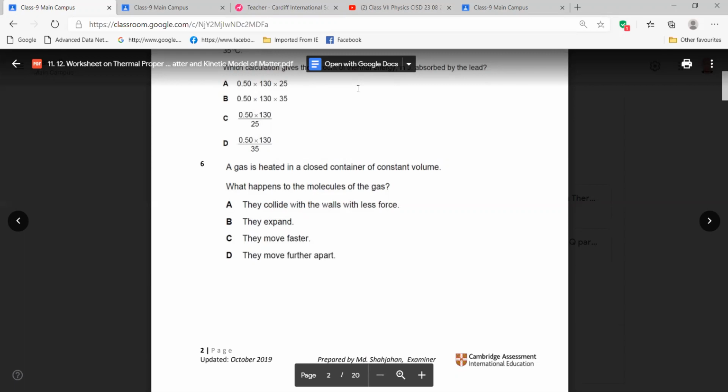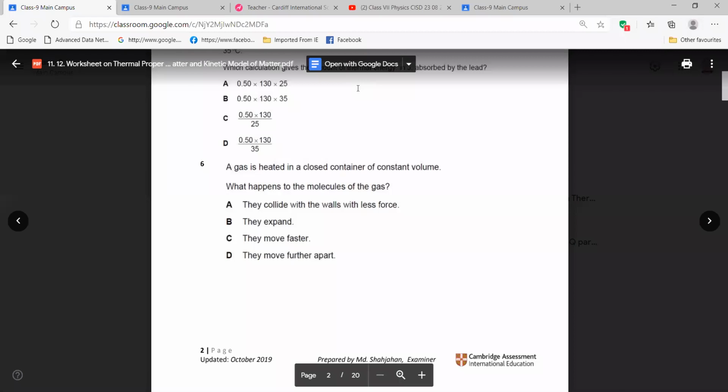Sir, they move further apart? It is a closed container, right? If it is a closed container, then they are in the same volume, right? They will not expand. The gas cannot expand, right?